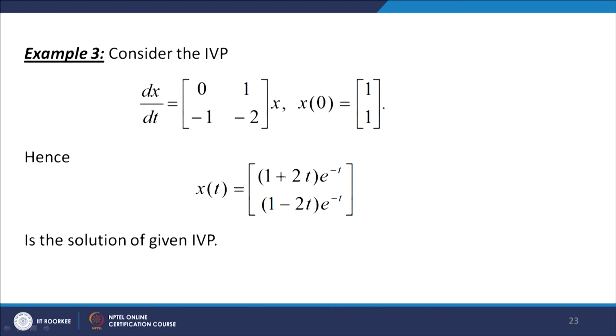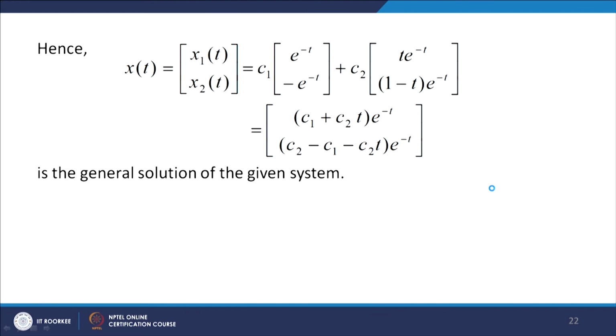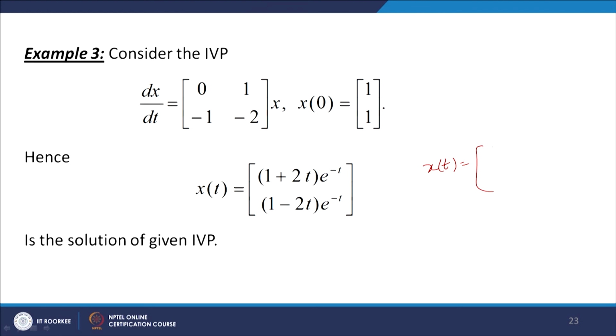So, we have found x(t) equal to (C1 plus C2 t) into e to the power minus t, and then (C2 minus C1 minus C2 t) into e to the power minus t. This is the general solution of the equation x dot equal to Ax.